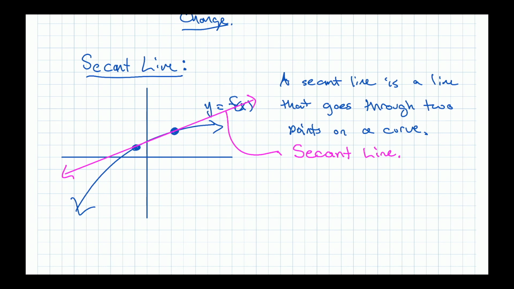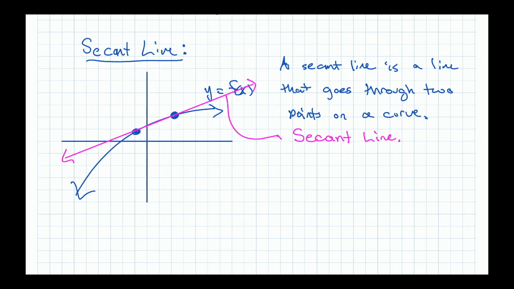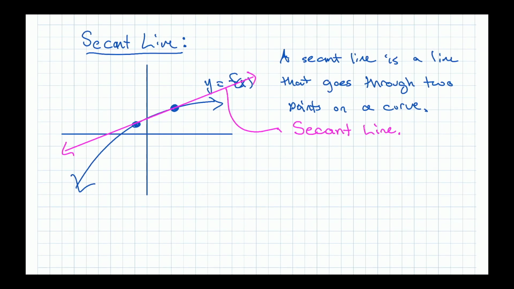Now probably in this section we're going to be looking at slopes of secant lines, and we may be looking at equations of secant lines. But regardless, first we'll be looking at slopes. So you need to know what the slope of a secant line is. Of course you know in general what the slope of a line is: y2 minus y1 over x2 minus x1.